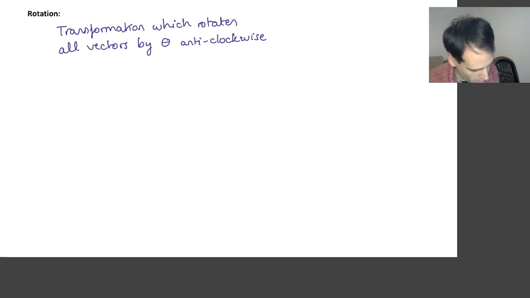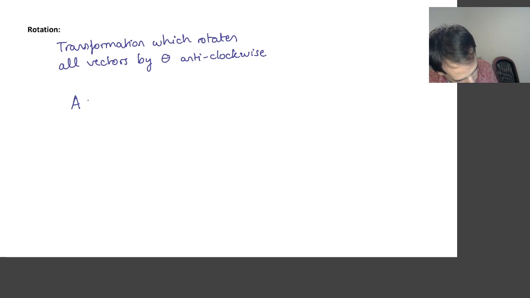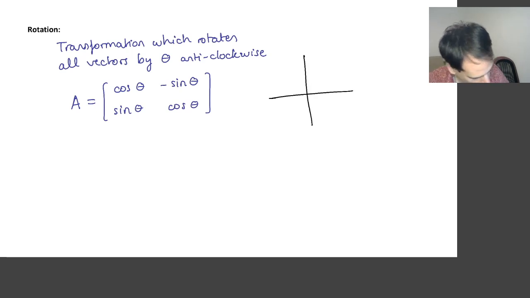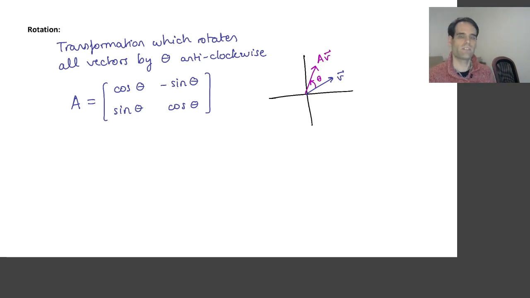Okay? And you remember that we found this transformation in a previous problem, and it's the following. So, for example, in this case, if we have a vector v, we just rotate it by a certain amount, and this amount is equal to the angle theta, and this will be A times v. Okay?